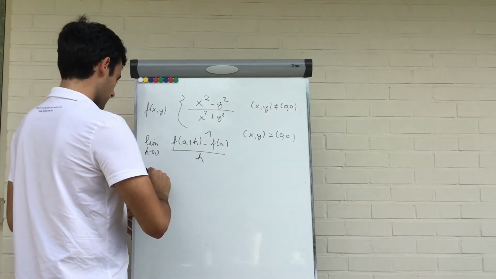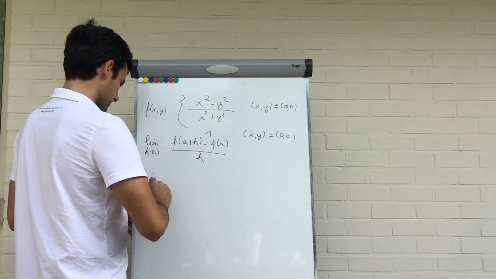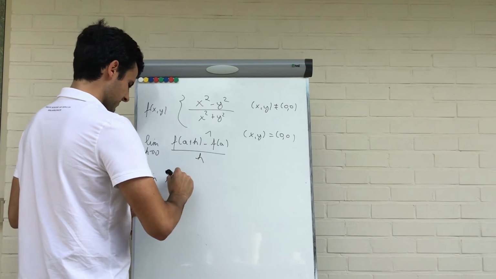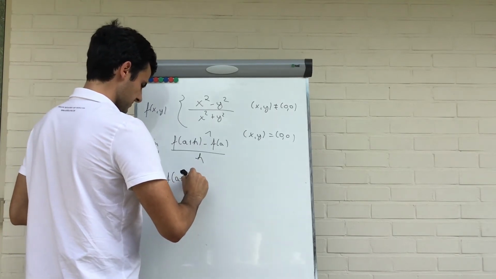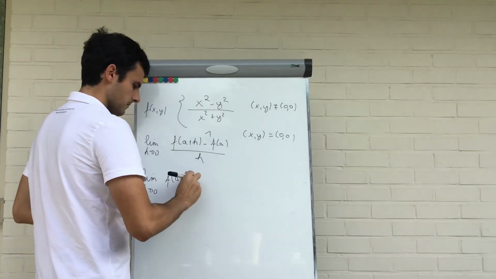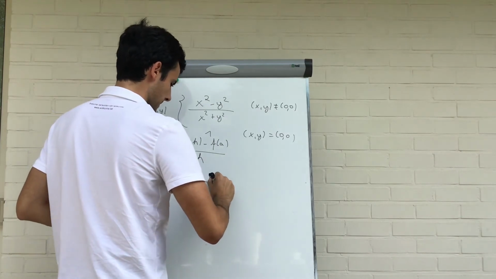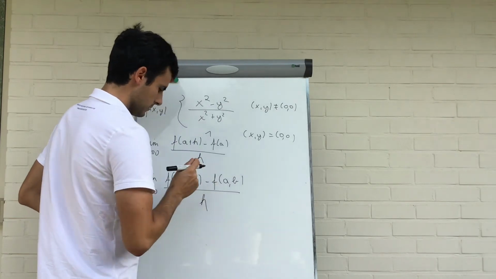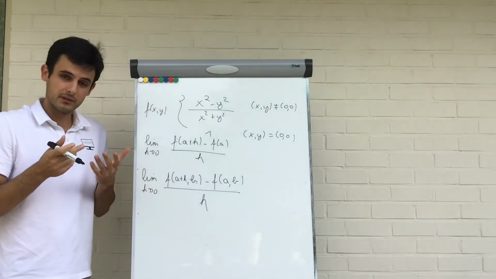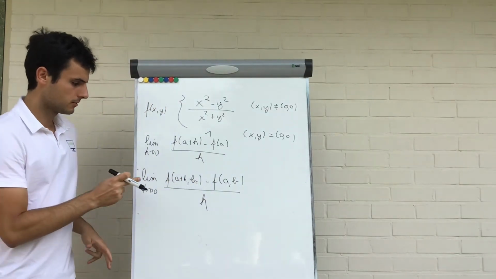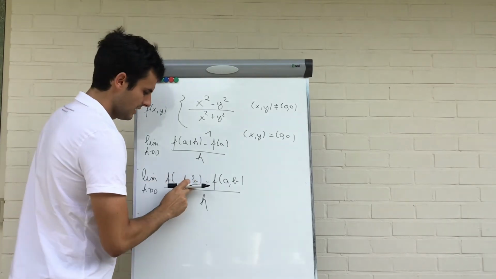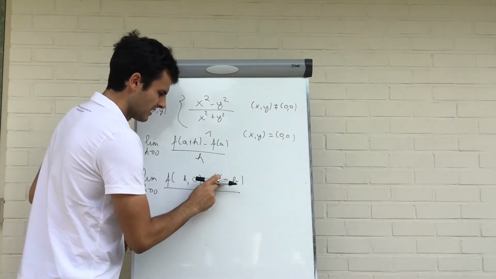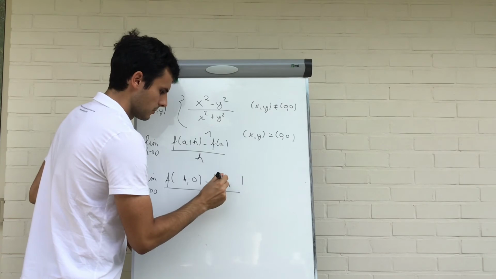Then the formula becomes, now a and b are 0, so you get h, 0, and 0, 0.